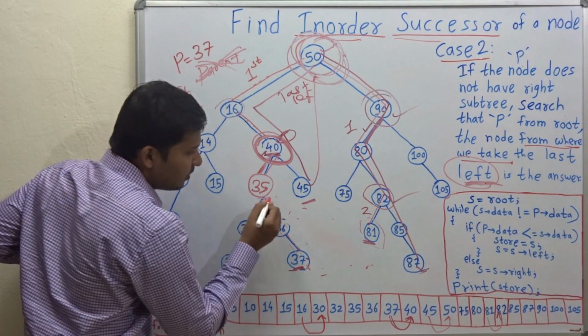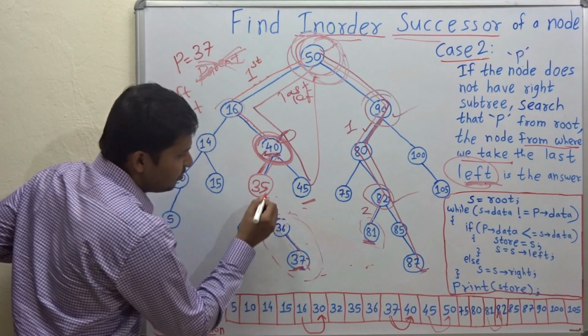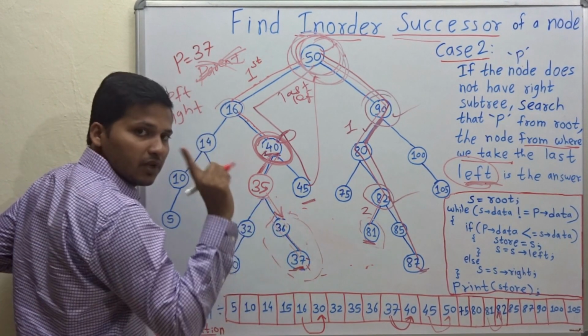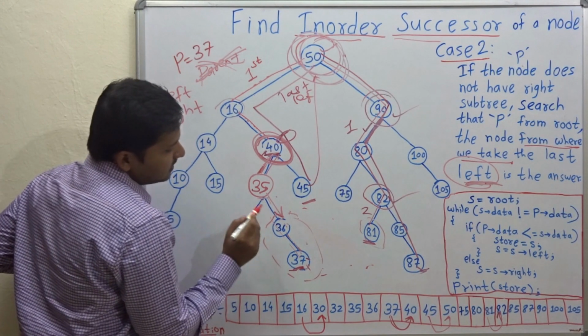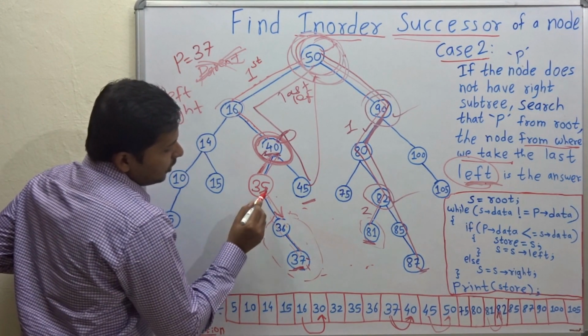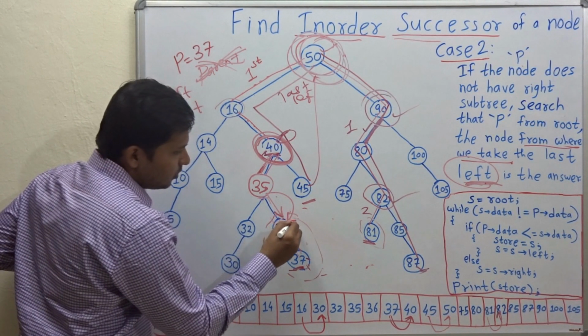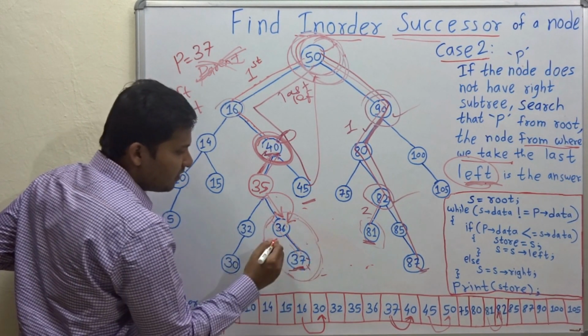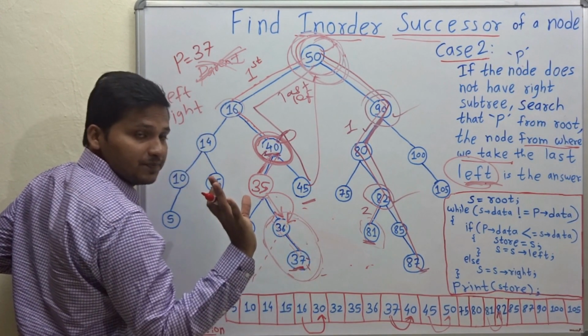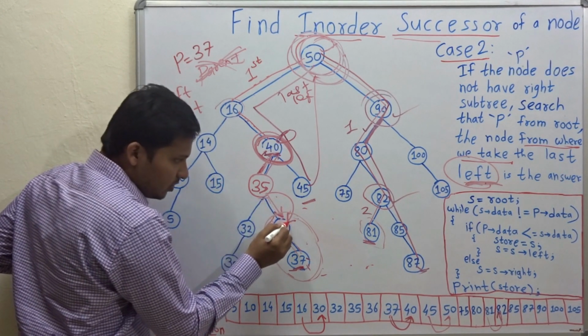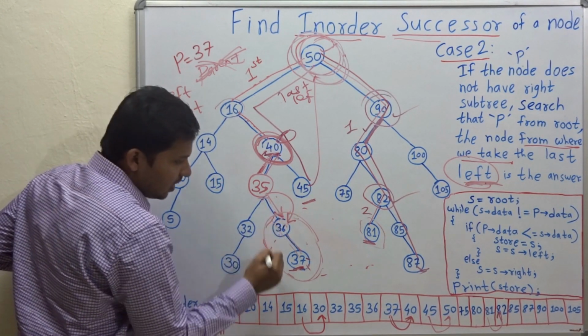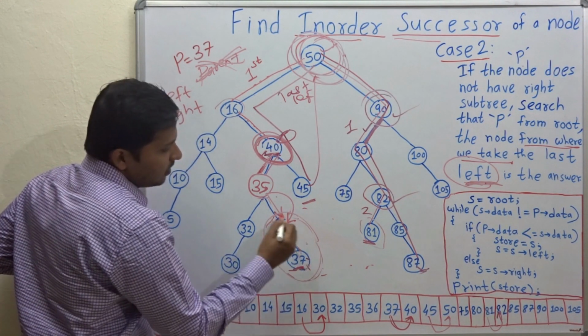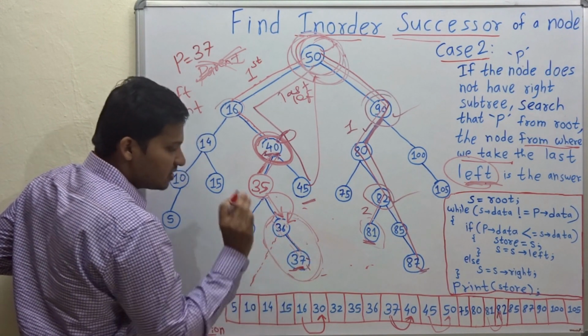Does it have a right subtree? Yes, it has a right child. What we do is jump to the right node, and in that right subtree we go to the leftmost node.